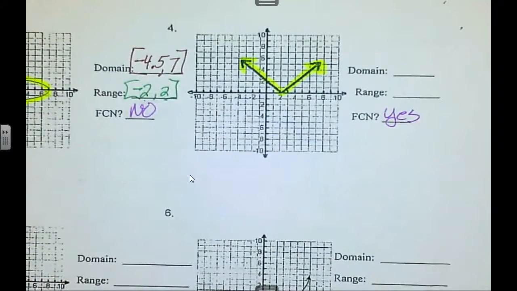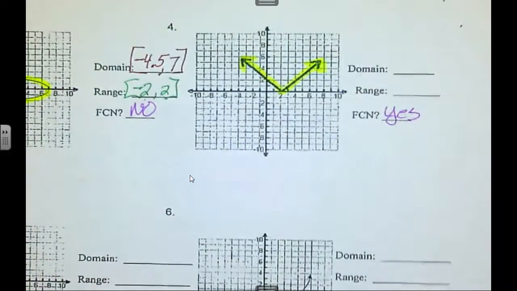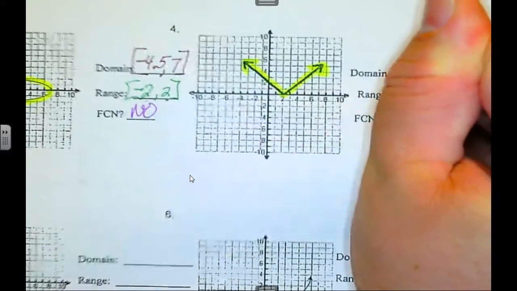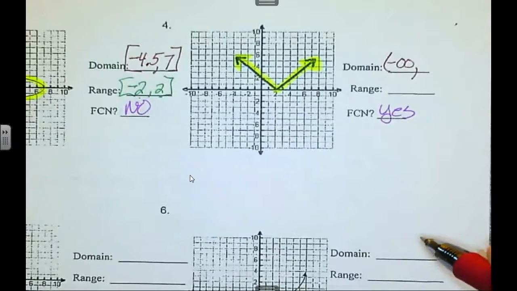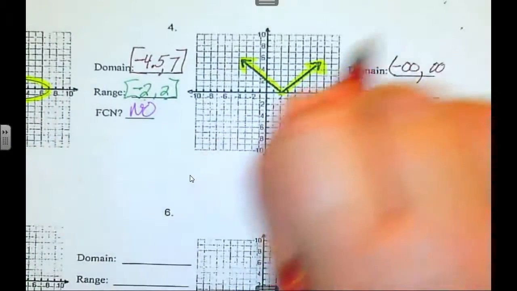Negative infinity, right? If this goes on forever, it's going to be negative infinity. Infinity always gets parentheses. How about positive? Positive infinity. It's going on forever that way.